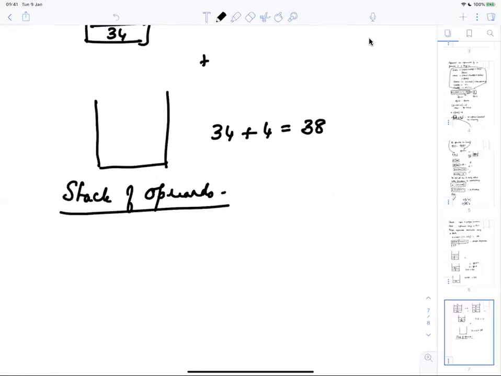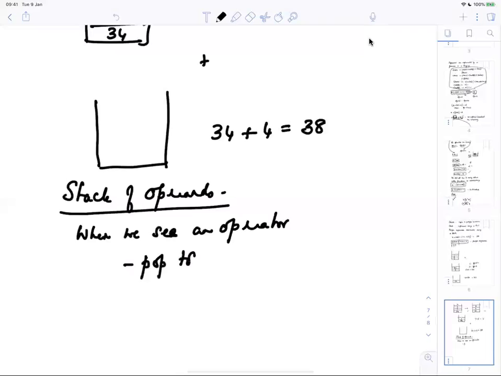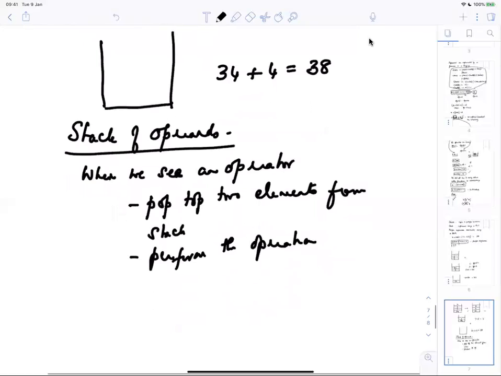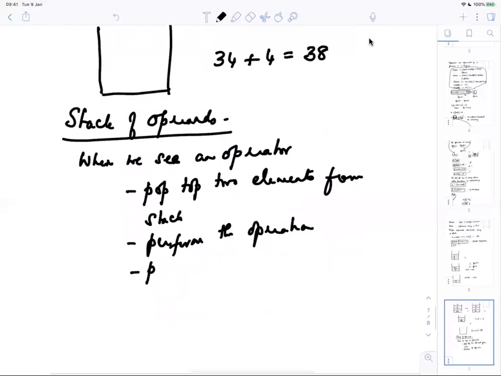Okay. And when we see an operator, we pop, because they're all binary operations, top 2 elements from stack, perform the operation, push it back on stack, top of the stack.